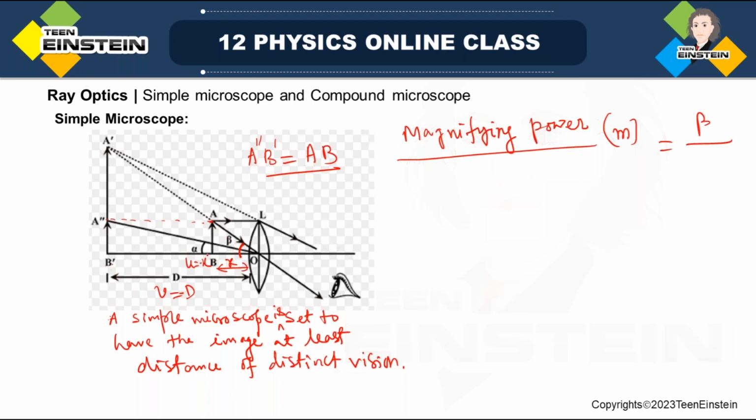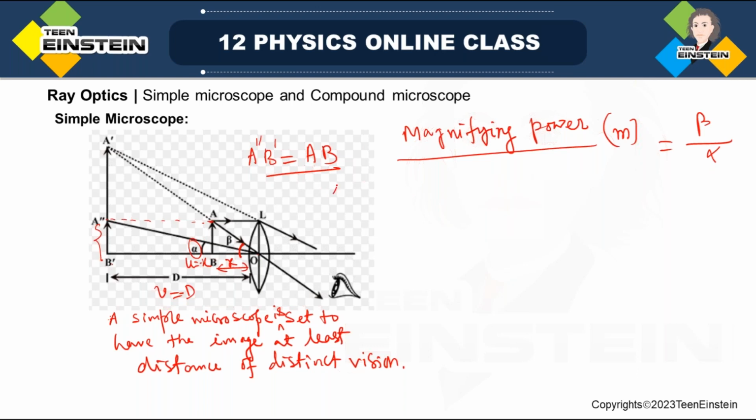But we have to take this alpha angle, the angle subtended by the image when the image is at the least distance of distant vision. That's why we have to take this. So this angle, with the optical center, A double prime B prime makes alpha. So I can write alpha here. I hope you are understanding.